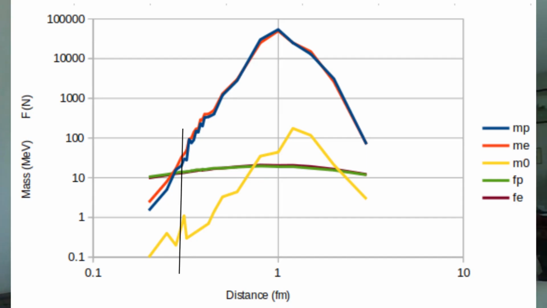Okay, so here again we have indicated the approximate position of stability, and this corresponds more or less to the mass of the proton. As you should notice, in this approach, in the case of the mesons, we have two types of particles, electrons and positrons, with the same characteristics.